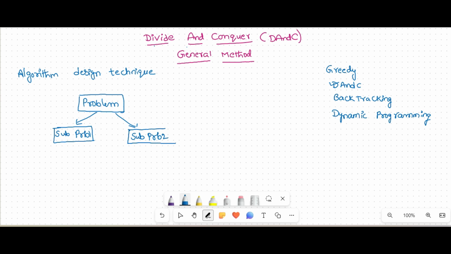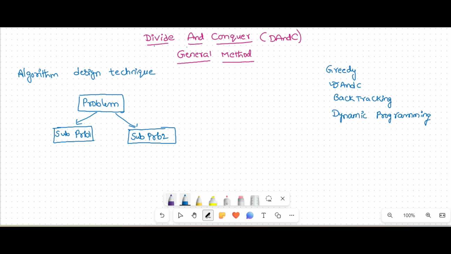Here I am giving an example where a problem is divided into two sub-problems. If this sub-problem is again large, then we will divide it again into one or two or more sub-problems.